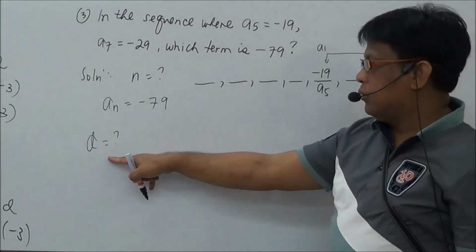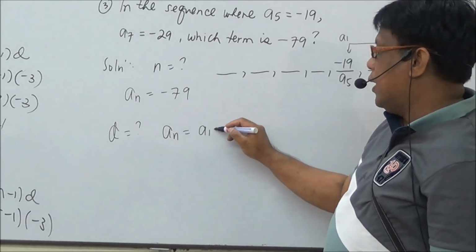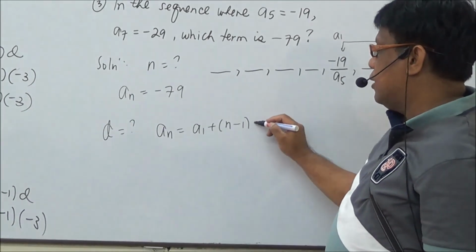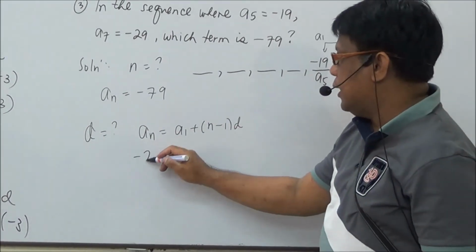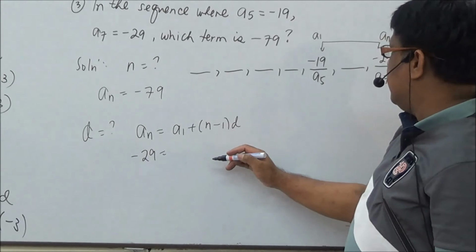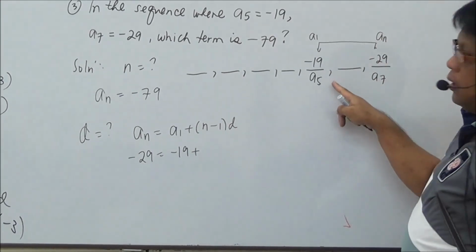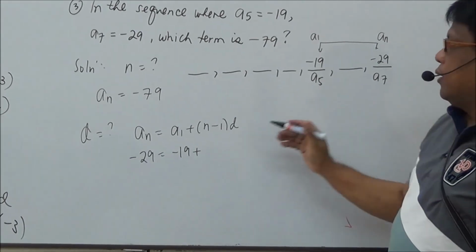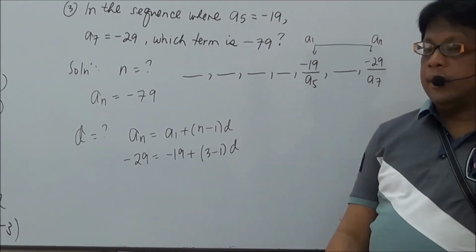So to get now the common difference, we have the formula an equals a1 plus (n minus 1) times d. Where an equals negative 29, then a1 is negative 19 plus how many terms do we have? There are 3 terms considered. Okay? 3 minus 1, then that is now d.